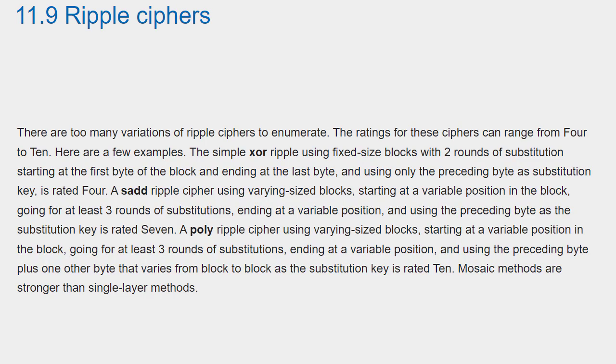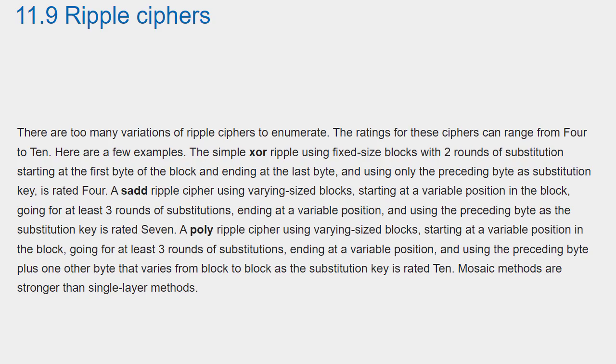The simple XOR ripple, using fixed-size blocks with 2 rounds of substitution starting at the first byte of the block and ending at the last byte, and using only the preceding byte as substitution key, is rated 4. A SAD ripple cipher using varying-sized blocks starting at a variable position in the block, going for at least 3 rounds of substitutions, ending at a variable position, and using the preceding byte as the substitution key, is rated 7.